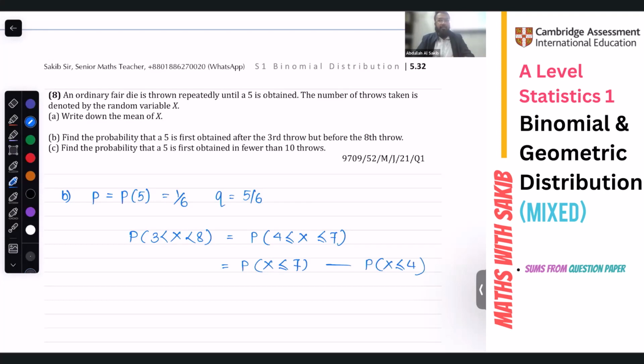Then we don't have to do a long calculation. Clear? The question says, find the probability from 4 to 7: 4, 5, 6, 7. What I'm trying to get is the probability up to 7, then subtracting the probability up to 4.